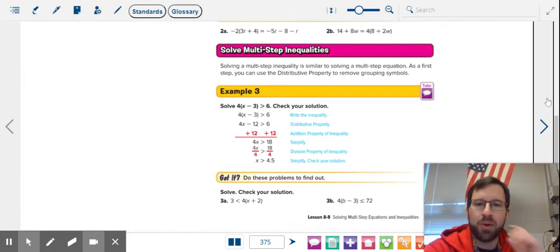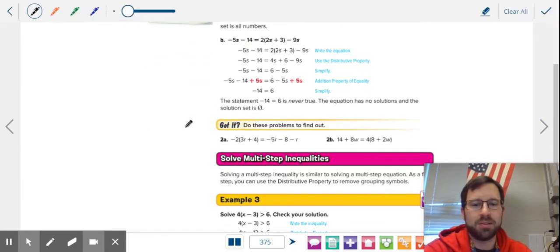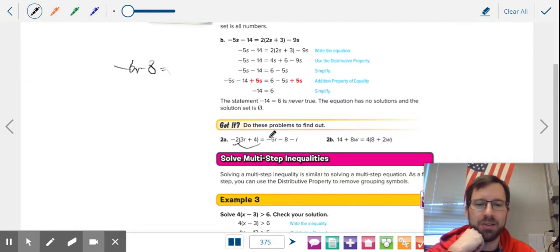Now, sometimes when you do this distribution, when you get rid of the variables, you end up with some weird answers. Let's see what happens. If you distribute here, you get negative 6r and negative 8. And when you combine like terms over here, negative 5r minus r is negative 6r.